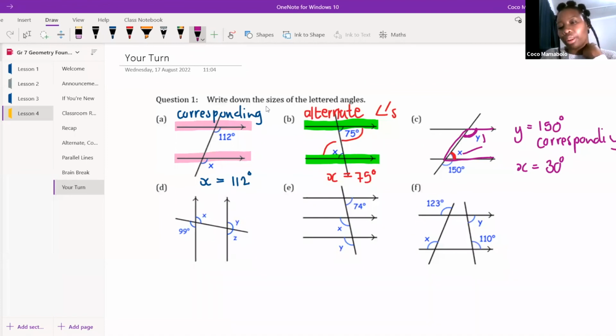So what's my reason? When I add them together, what is my reason for that? They are... What kind of angles are they? Alternate angles. Oh, it's not going to be alternate. Remember, they're inside the box. So what do we call them? Onami, you're missing something in front of that word.